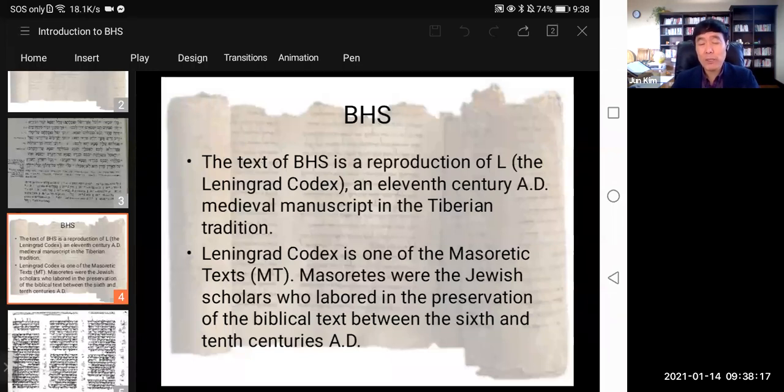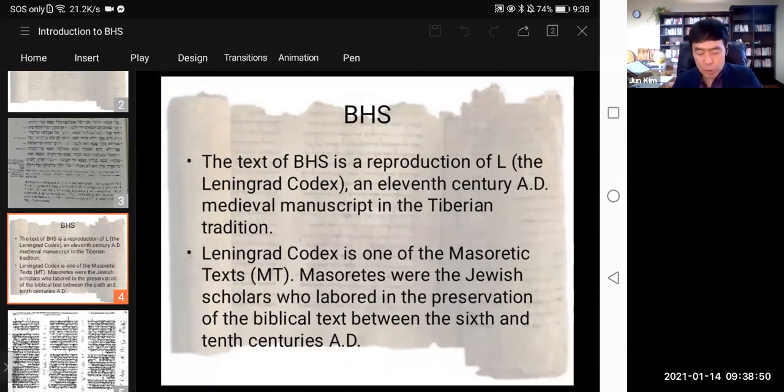So it is relatively quite late, but old. We prefer the older one over the later one, because the older one has more authority, since it is close to the original text. Do you know what I'm saying? Leningrad Codex is the first complete Hebrew Bible. That's why people pay a great deal of attention to BHS. It is an 11th century AD medieval manuscript in the Tiberian tradition.